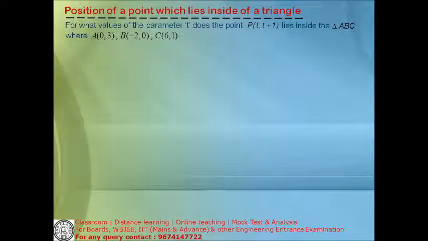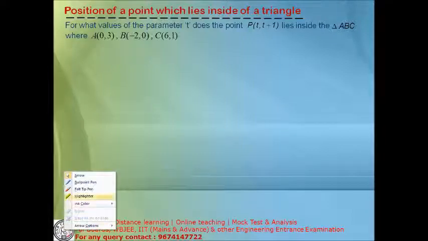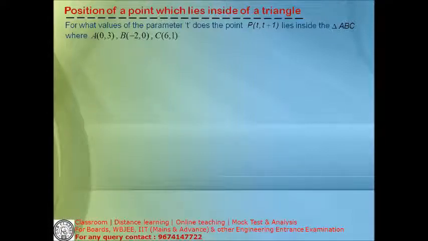So let us draw the triangle ABC. The vertices are (0, 3), (-2, 0) and (6, 1).